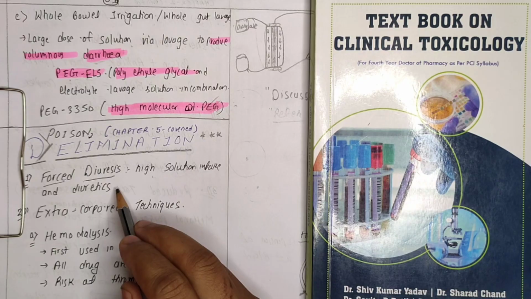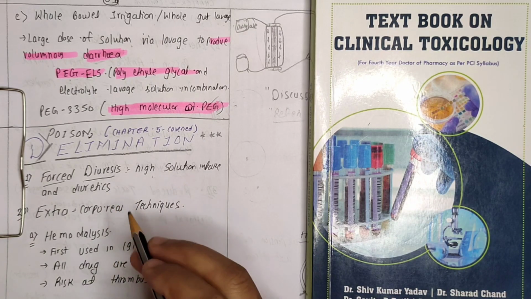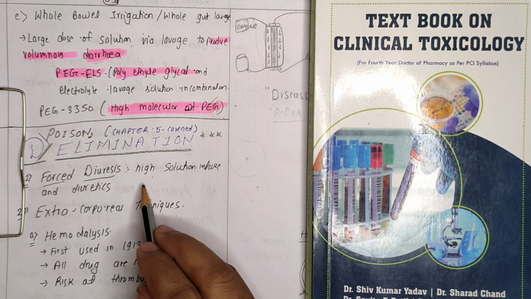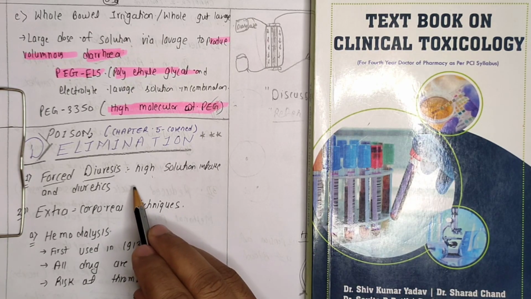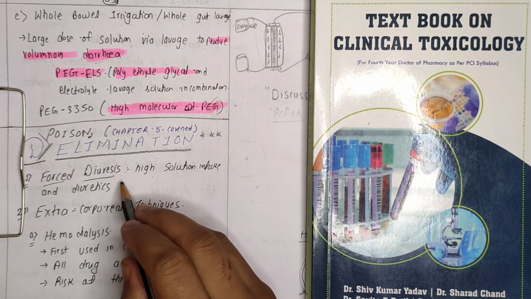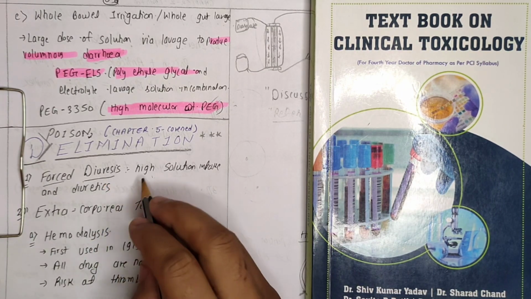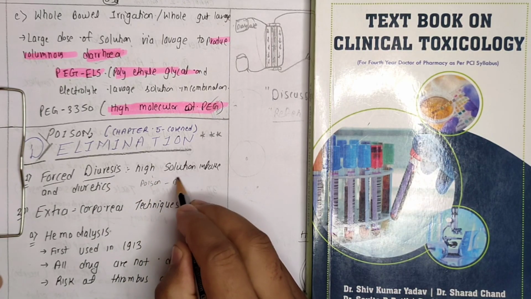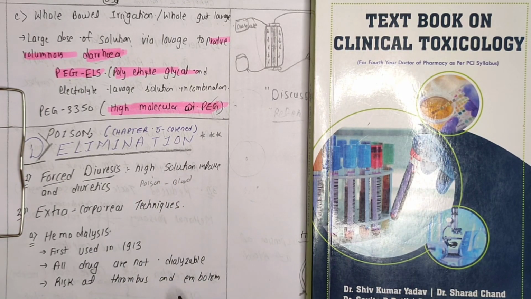From there they enhance the excretion of sodium ions. When sodium ions are excreted, water is also excreted along with them. Along with this water and these sodium ions, the poison substances diluted in our blood circulation will also go out of our body. So this concept is known as forced diuresis.